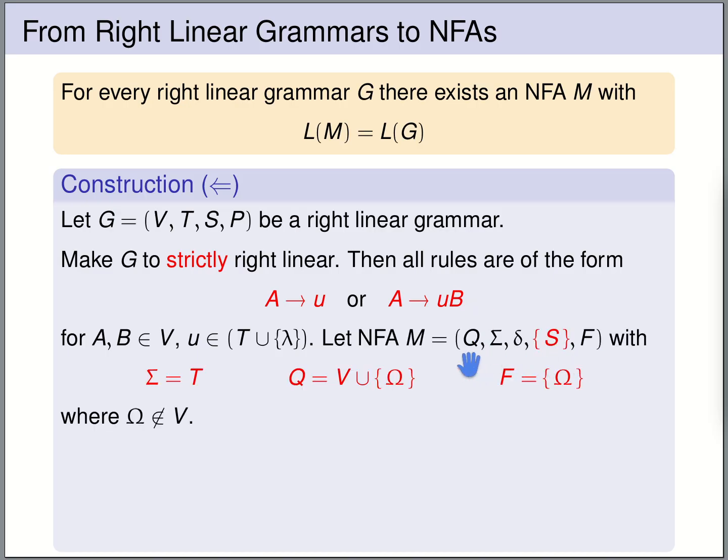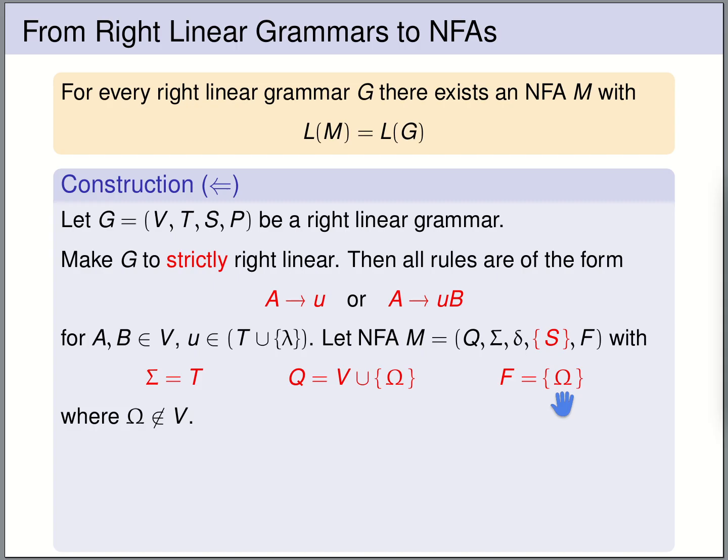We define a non-deterministic automaton that has as input alphabet the terminal letters of our grammar. As set of states, it has the variables plus one fresh state omega, and this fresh state is used for acceptance. So it's the only final state of our automaton.